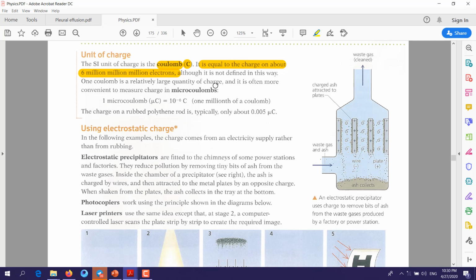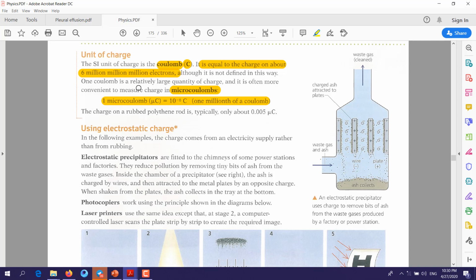So what do they do? They use another unit called microcoulombs. As we know, micro is equal to one millionth. So 1 microcoulomb is equal to 10 to the power of minus 6 coulombs.